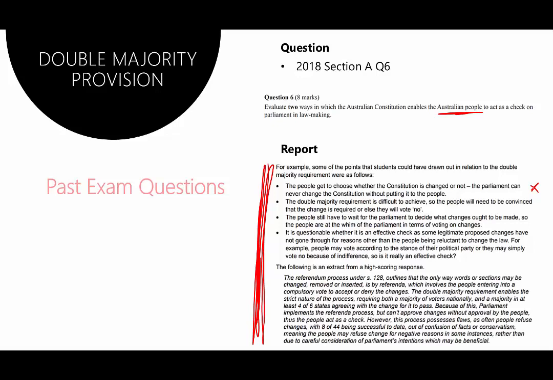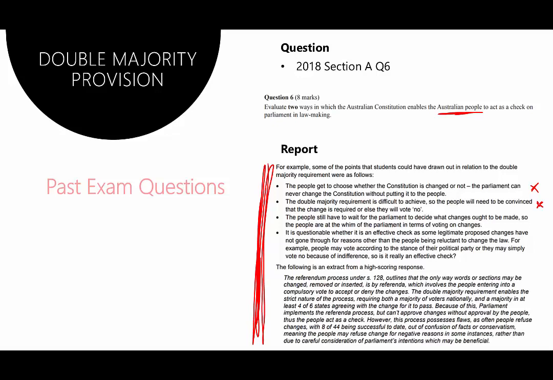Again, the Parliament can't just give itself more power without putting it to the people. And the double majority provision is difficult to achieve. So people need to be convinced that the change is required or they'll vote no. So again, the Australian people have a lot of power here because the Commonwealth, the Parliament, can't get more power without their approval.